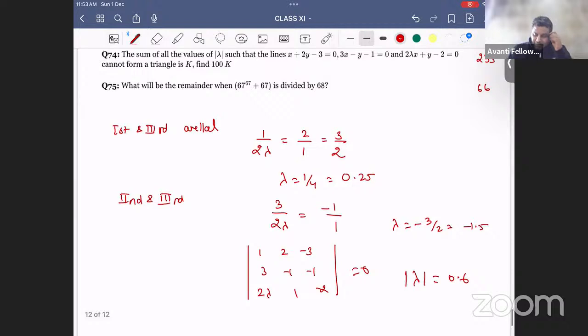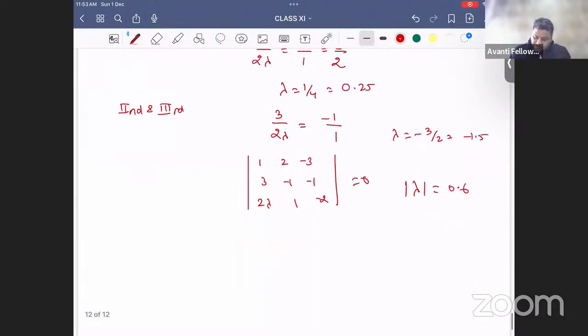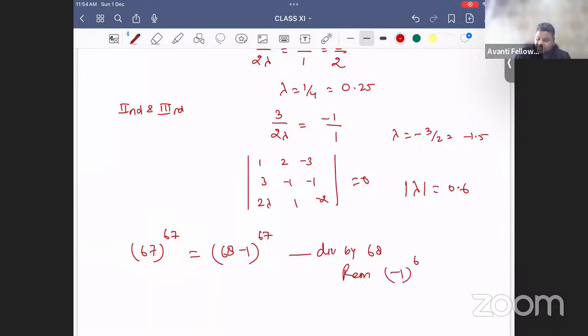Now, what is the remainder when 67 to the power 67 plus 67 is divided by 68? See, first of all, 67 to the power 67 can be written as (68 minus 1) to the power 67. So when I divide by 68, the remainder will be (minus 1) to the power 67, that is minus 1, which is basically 67.